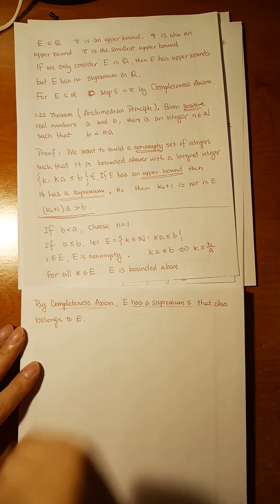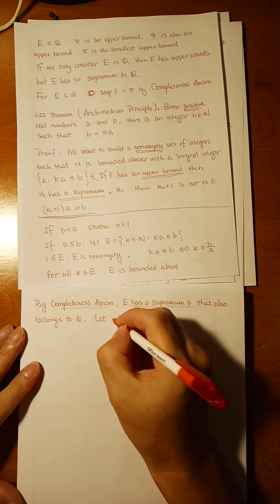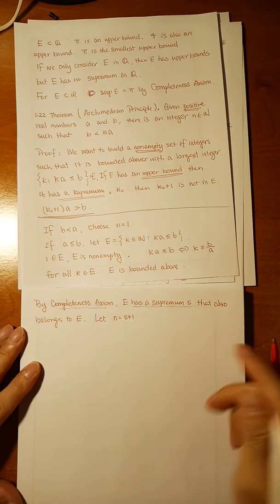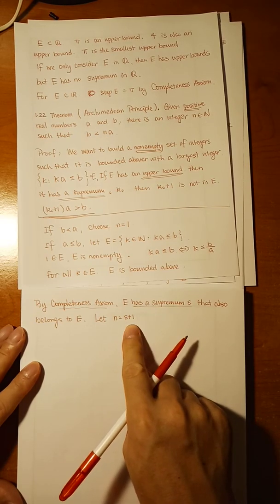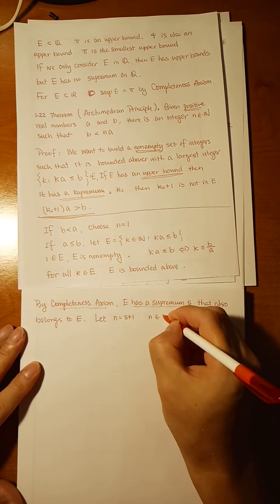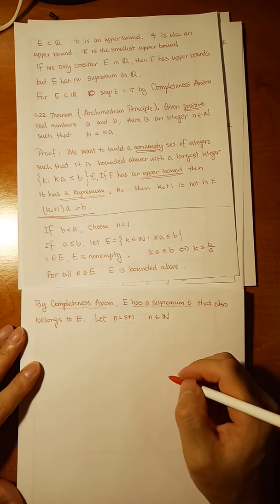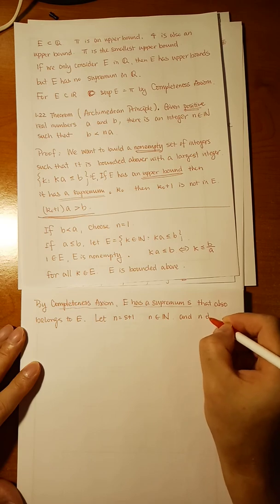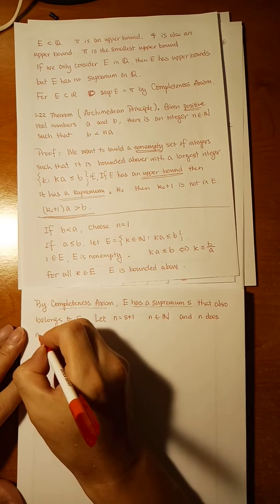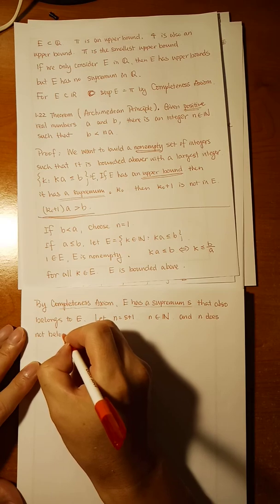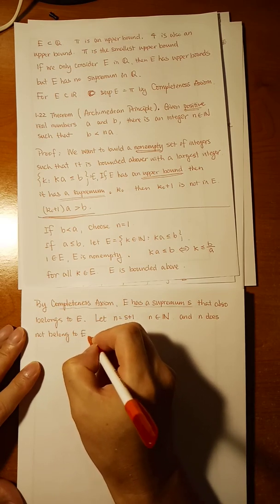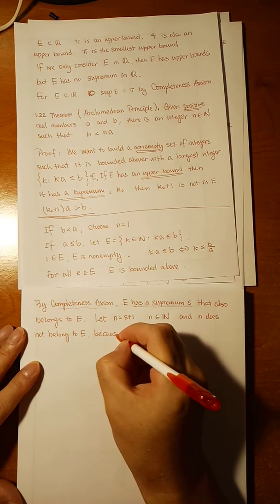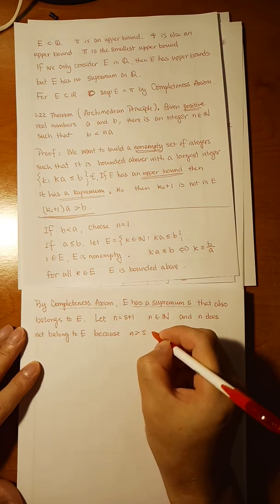Now let n be S plus 1. N is a natural number, and n does not belong to E. Why does n not belong to E? Because n is greater than S, the supremum.